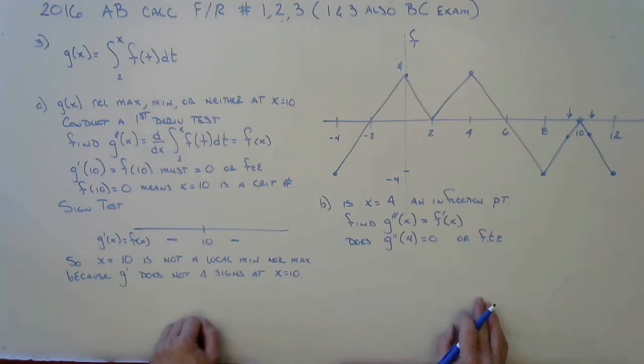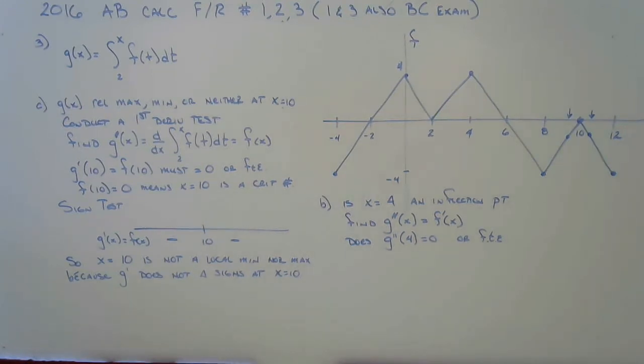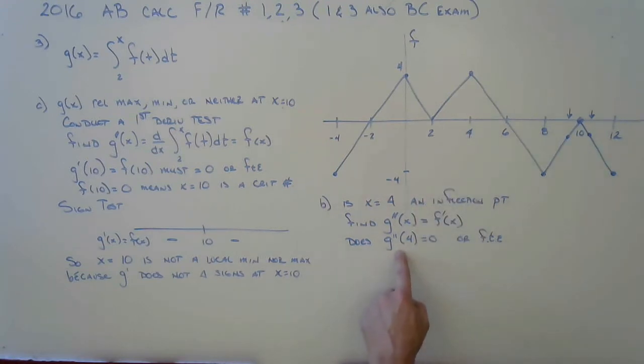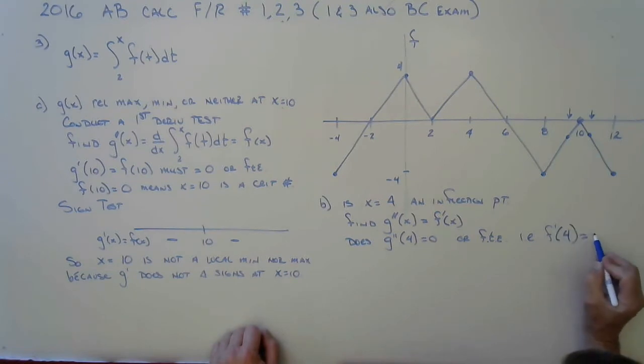What do we know g double prime of 4 is? What do we know about g double prime of 4? g double prime of 4 is the slope of f, right? g double prime of 4 is the slope of f at 4, i.e. f, not double prime, f prime of 4 equals question mark.